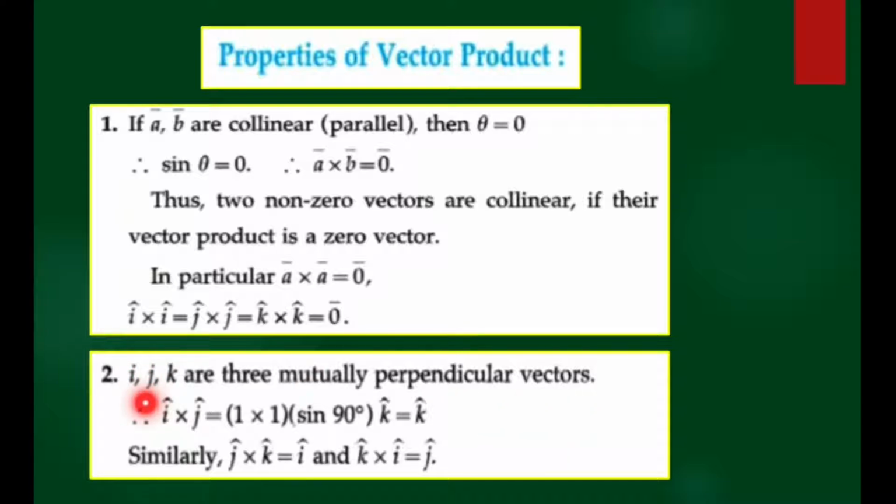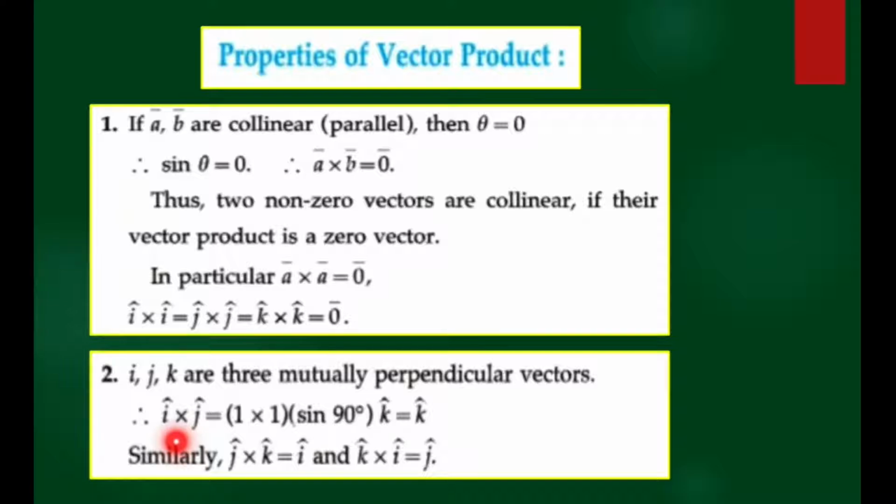This unit vector I is along the x-axis, this unit vector j is along the y-axis, and this unit vector k is along the z-axis. That means we know that the x-axis, y-axis, z-axis are mutually perpendicular to each other. So the unit vectors along them are also mutually perpendicular to each other.